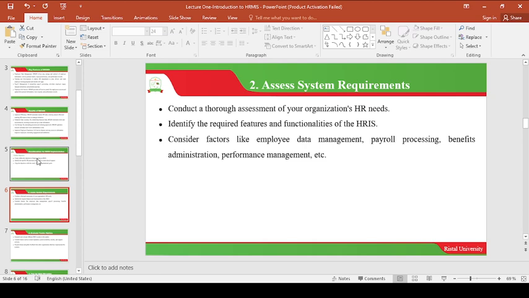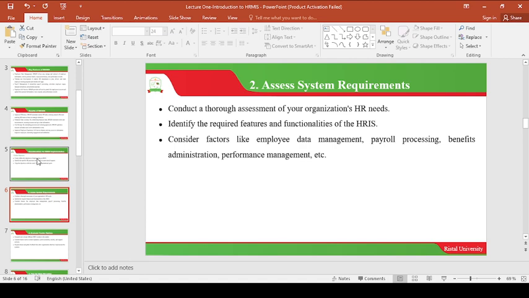Still under assessing system requirements, you need to consider factors like employee data management. When you talk of data management, it's basically about records. It could be academic papers, promotional letters, job descriptions, contracts, etc. So you need to consider such kind of data.